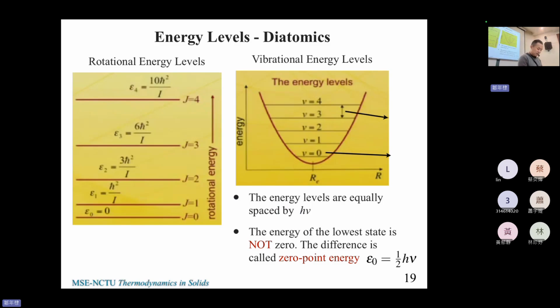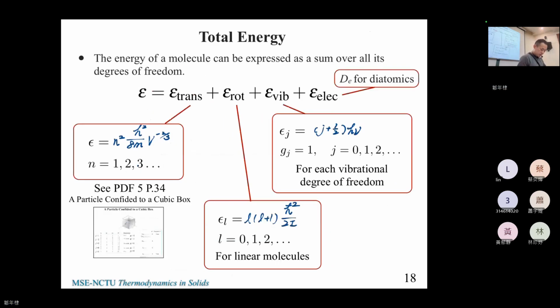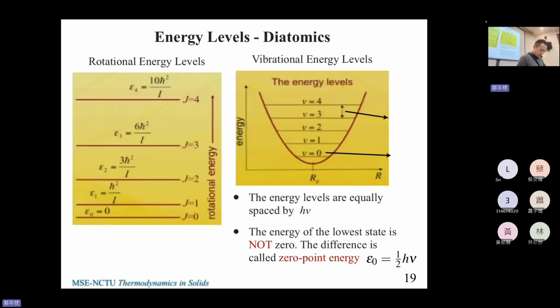We're just saying that the vibrational energy is actually equally spaced, right? Equally spaced. And the zero point energy is h nu over 2.